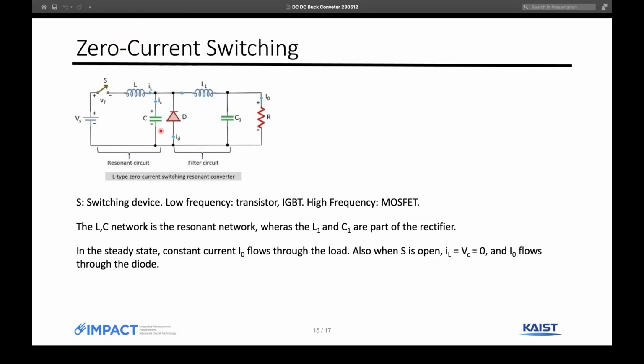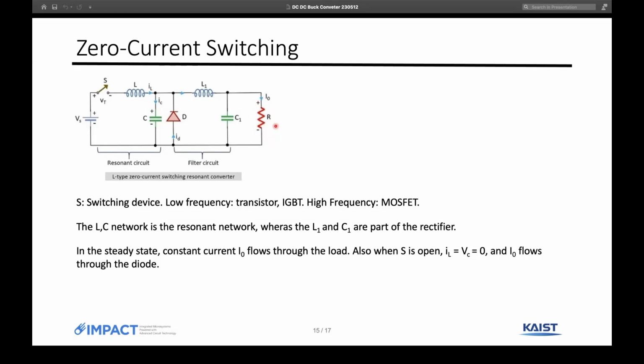So here's the zero current switching circuit. How does this work? S is the switching device, which can be a MOSFET or IGBT depending on the frequency. LC is the resonant tank, so this part is in resonance. And this part, the D, L1, C1 part, is basically the rectifier circuit. In the steady state, this current I naught flows through the load, and this I naught is a constant.